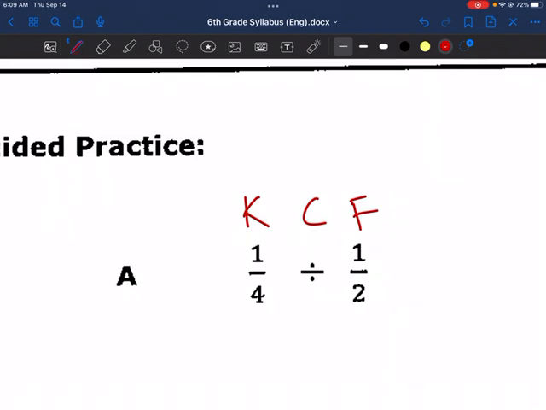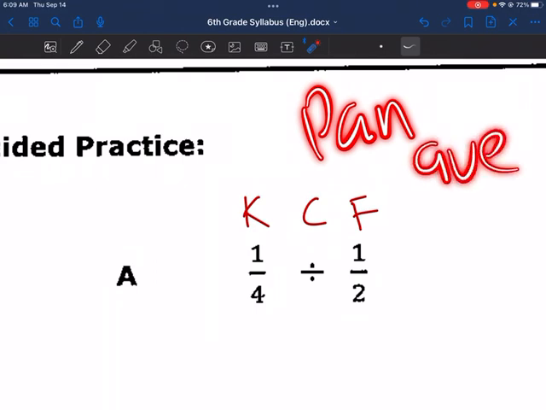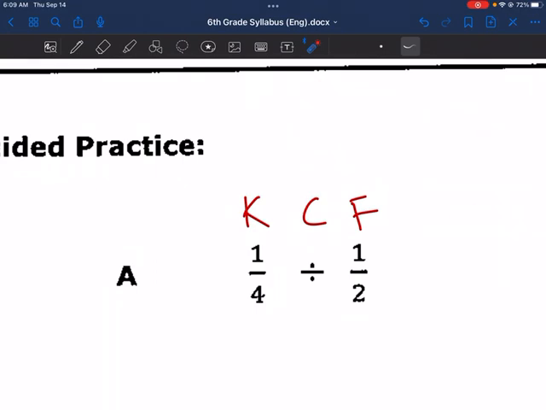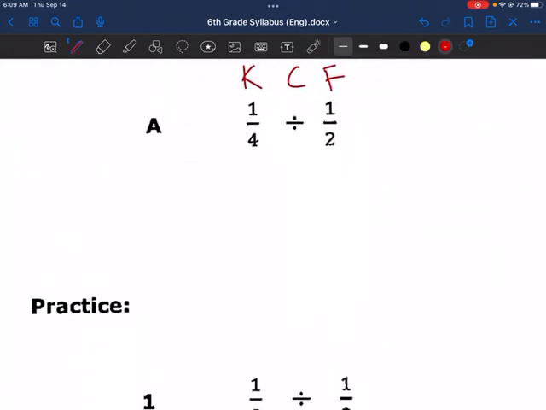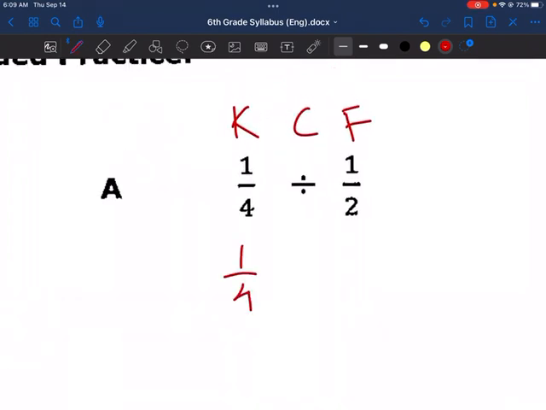This, you literally just flip it. Top with the top, bottom with the bottom, 2 and 4. Can we make this smaller? Yes, we can divide by 2. 1, 2, 1/2, we're done.